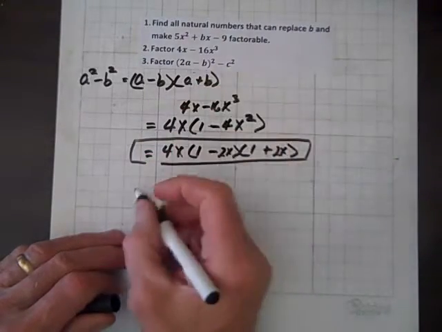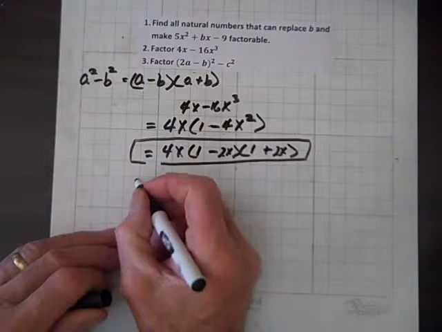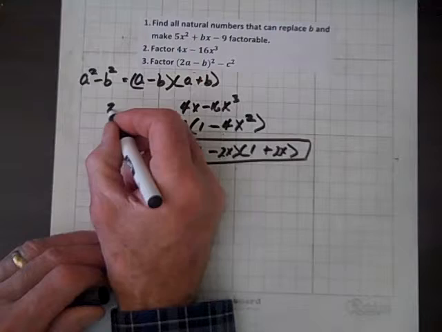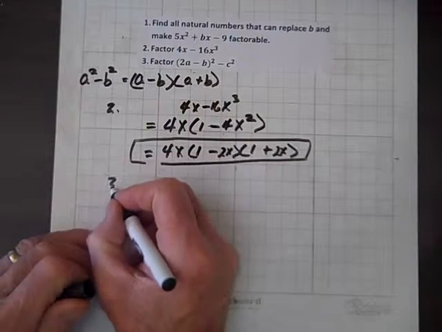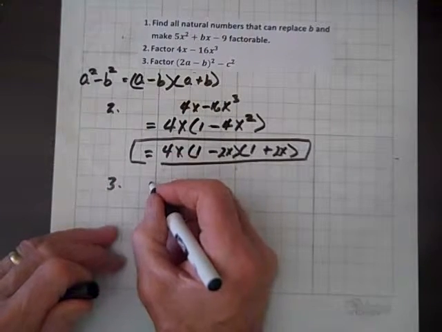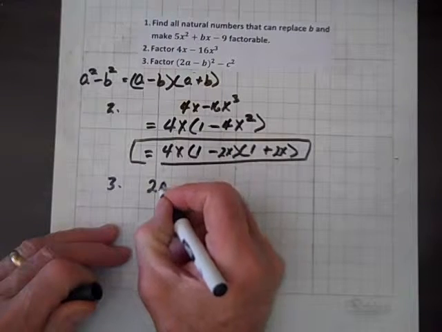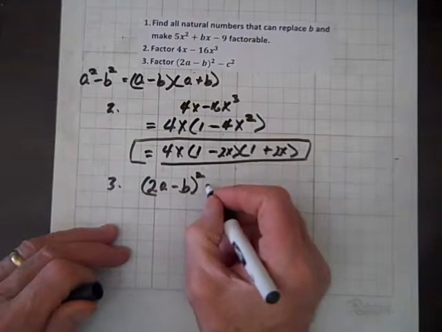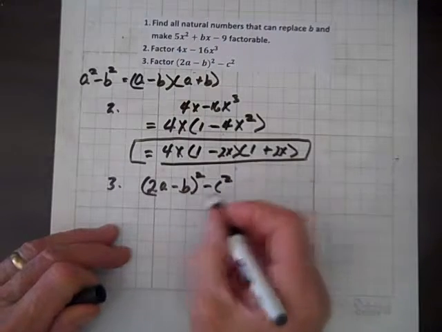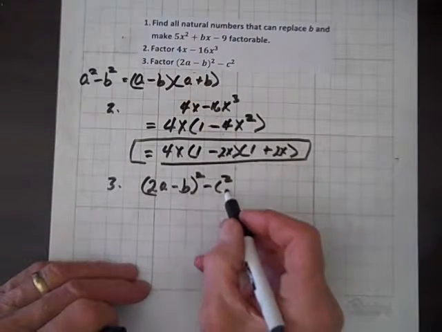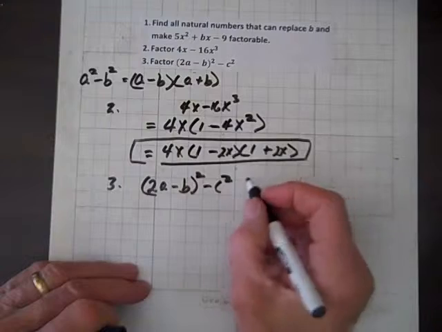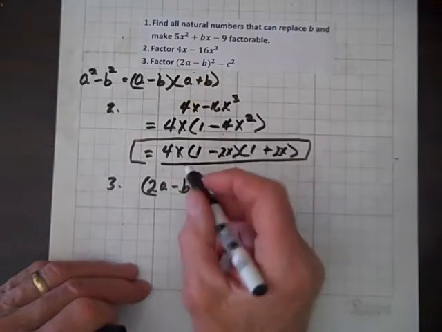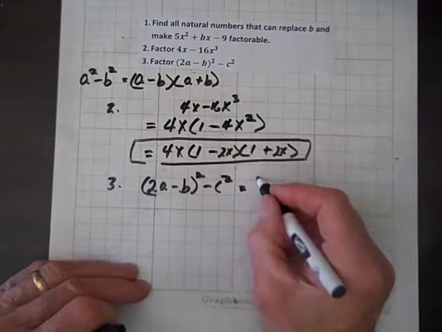Now let's look at the next one. And that expression, by the way, this was 2, and now we'll do 3. And that expression is 2a minus b quantity squared minus c squared. And you'll notice these are two perfect squares. So it must fit the criteria of the difference of two squares.